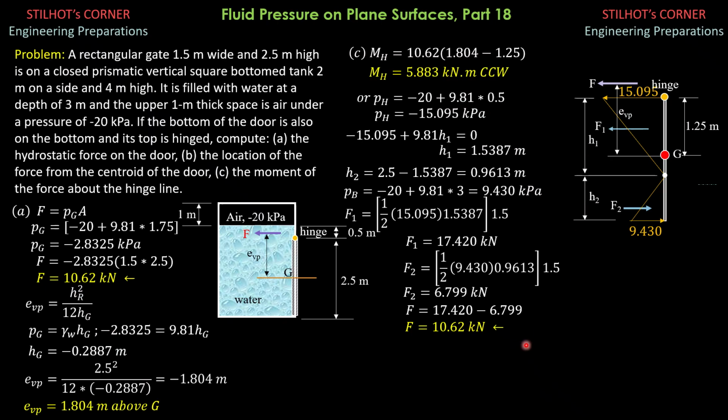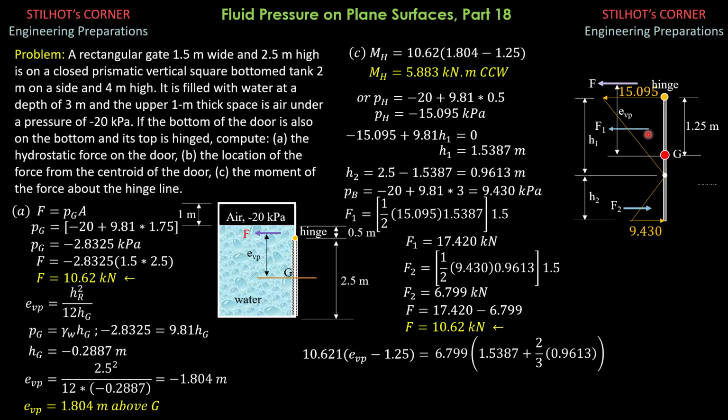Again, I use 10.621 here. F times quantity the center of pressure minus 1.25 equals F2, 6.799. Again, the moment arm of F2 is H1, 1.5387, plus 2/3 of H2. The location of the centroid of a triangle from the vertex is 2/3 of H2. So H1, 1.5387, plus 2/3 of 0.9613.